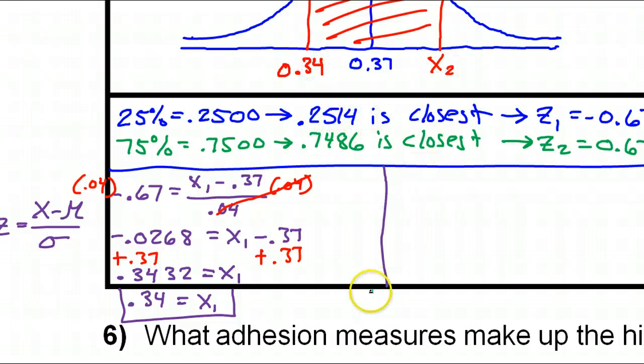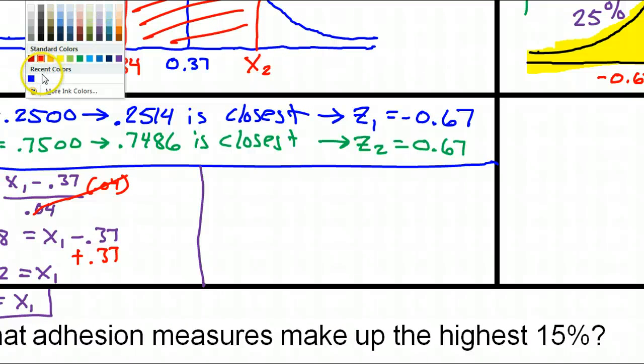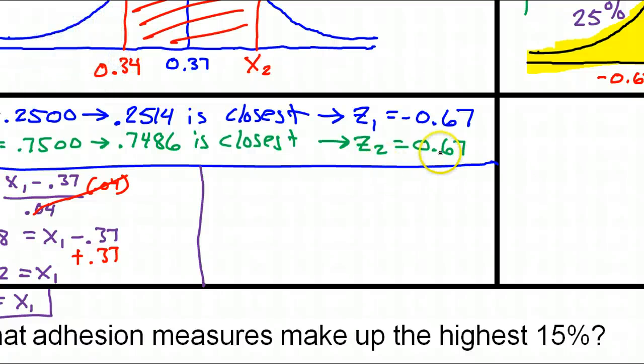Now similarly we will find x2. We will find x2 using z2. So 0.67 is equal to x2 minus the mean, 0.37, divided by the standard deviation of 0.04.